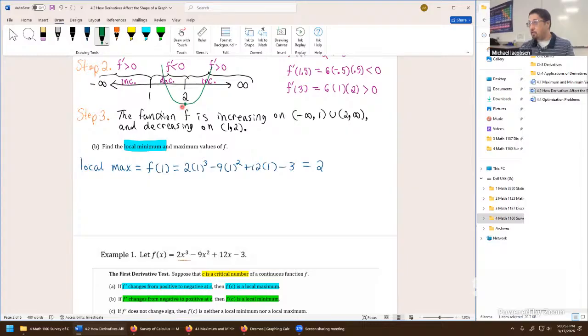So we can now say the local minimum is going to be f at, plug in the critical number 2. This one looks like a little bit more of a computation. This is going to be 2 times 2 cubed minus 9 times 2 plus 12 times 2 minus 3.